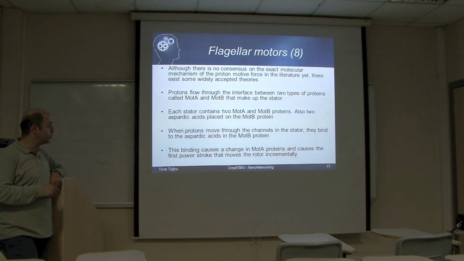And each stator contains two MotA and two MotB proteins. Also, two aspartic acids placed on MotB proteins exist. And when the protons move through the channels in the stator, they bind to the aspartic acids in the MotB protein. And this binding causes a change in MotA proteins and causes the first power stroke that moves the rotor incrementally.